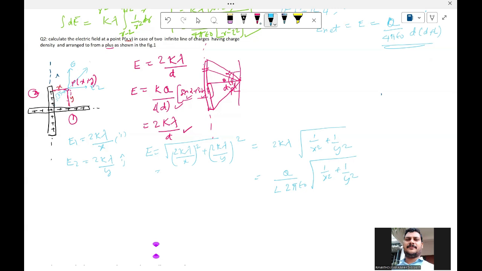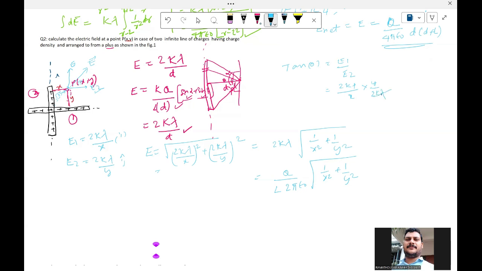For example, this is the net resultant electric field E of E1 and E2, that is, of these two rods at the point P. The resultant makes an angle theta with E2. Then tan theta is equal to E1 by E2, the y component over the x component, that is 2K lambda by x into y by 2K lambda.